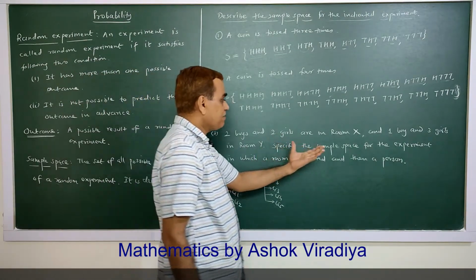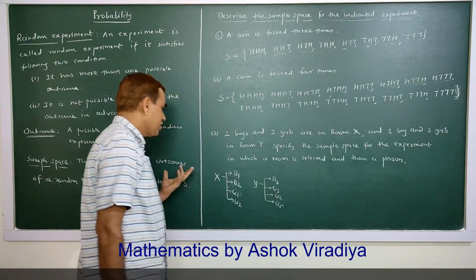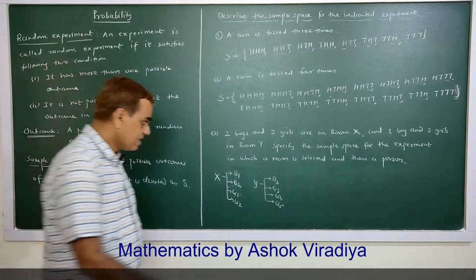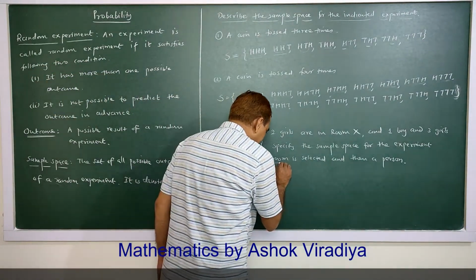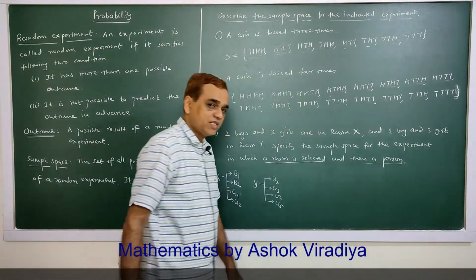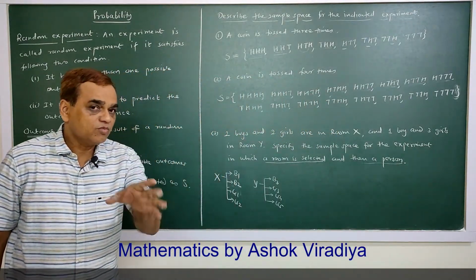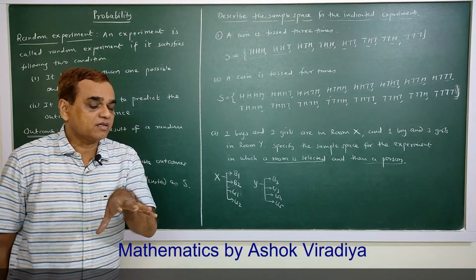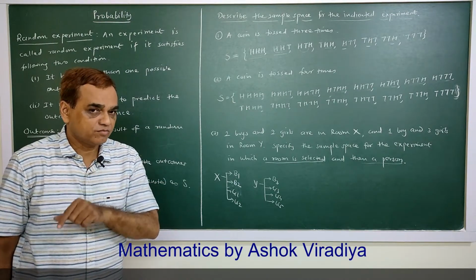Specify the sample space for the experiment in which a room is selected. See, the experiment is to select a room and then a person from that room.